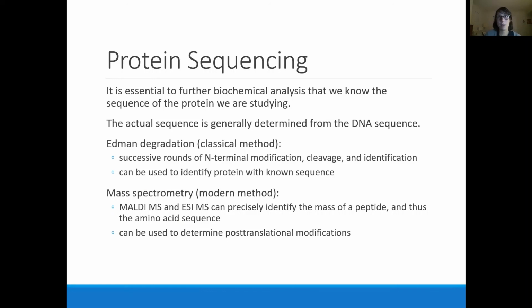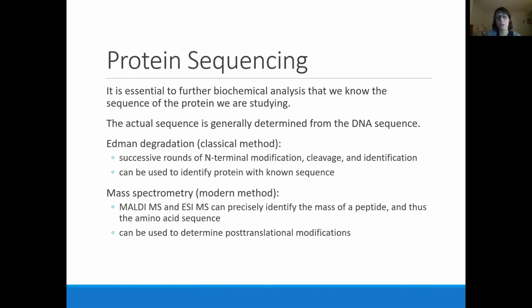But there are other methods where we can take the protein, break it down, and individually figure out which amino acid goes in what order of the chain. One of those methods is called Edman degradation. Generally, you're going to selectively do N-terminal modification, then cleavage, and then identification of each amino acid.